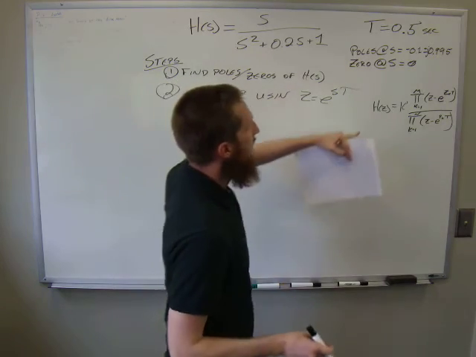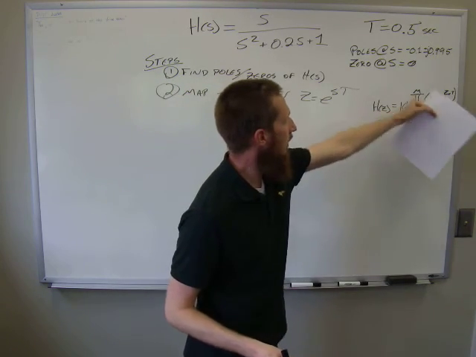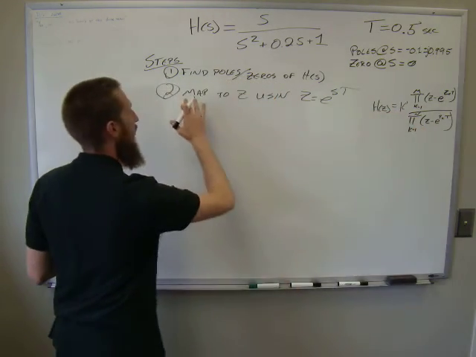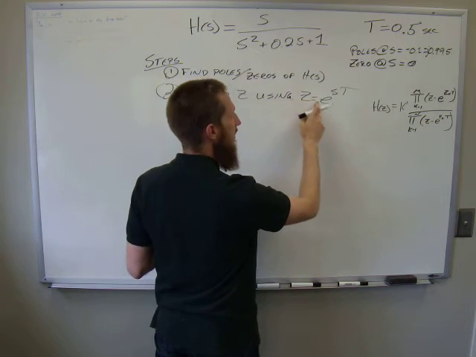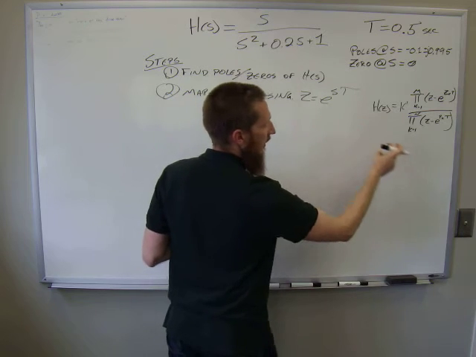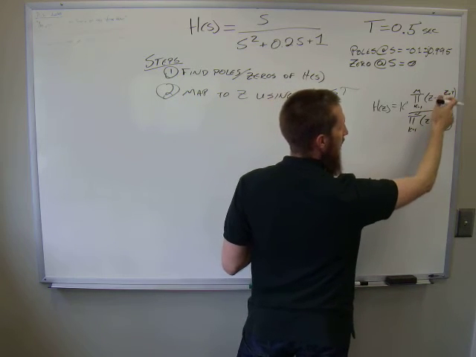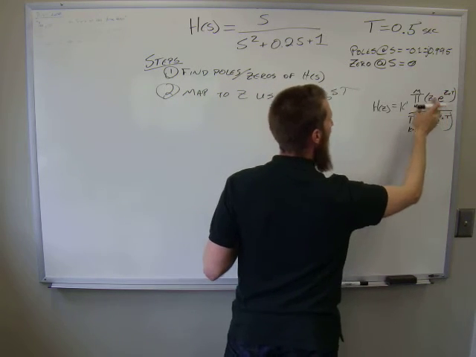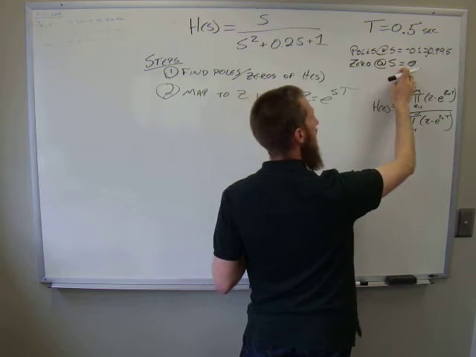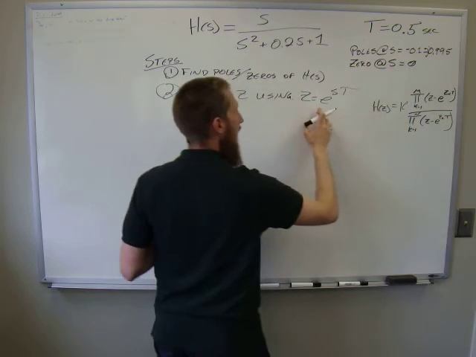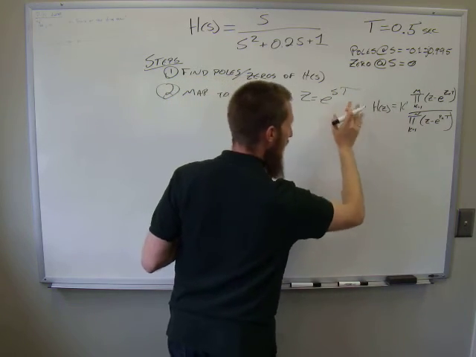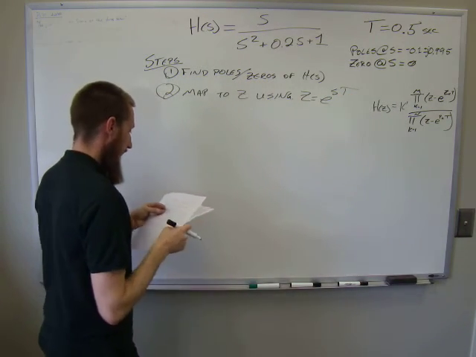Alright, so we're using this product format, and we're going to map to the z-plane using z is equal to e to the sT. So if we want a 0 in the numerator at s is equal to 0, e to the 0 is equal to 1.